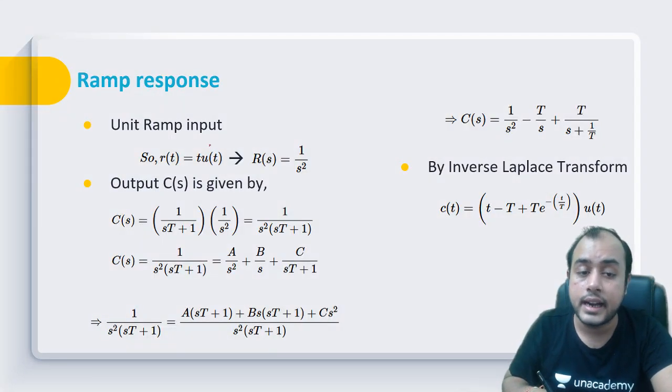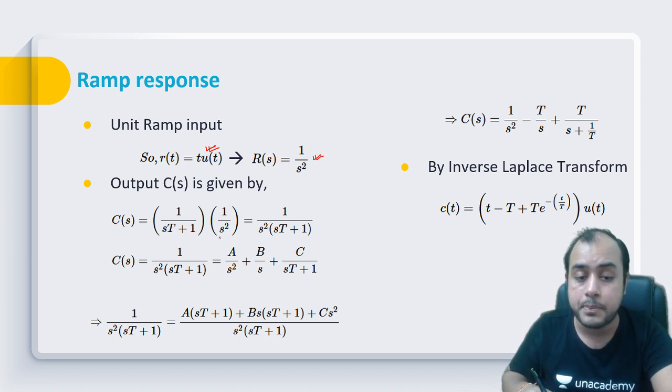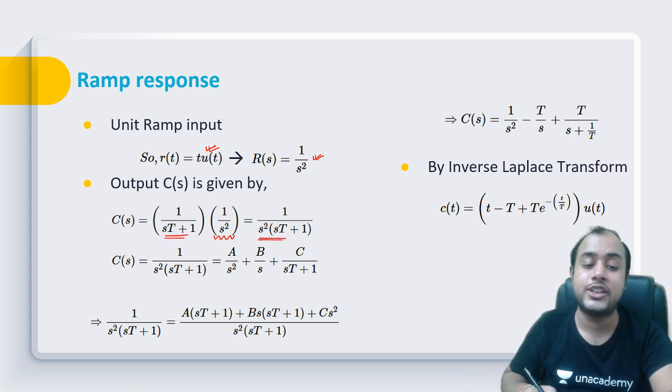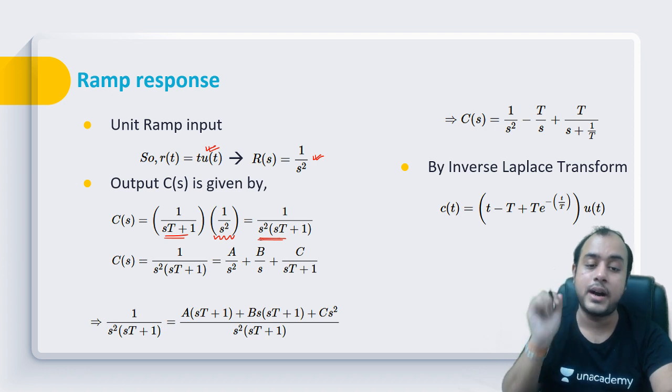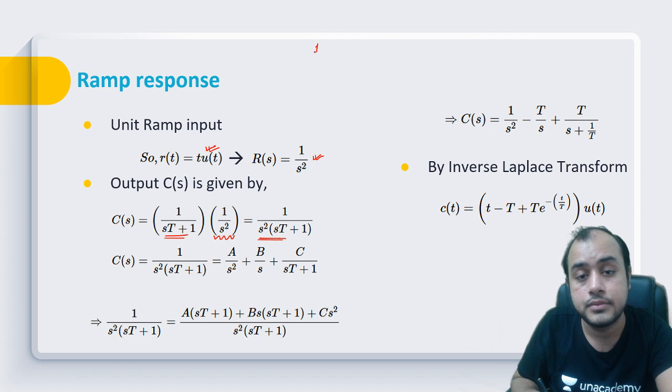So here R(t) is t u(t), which means R(s) is 1 by s square. To find the output, you multiply R(s) into the transfer function. And again, there is the issue of resolving into partial fractions. Let me show you how we do it in a fast manner. What we will do is take T common.